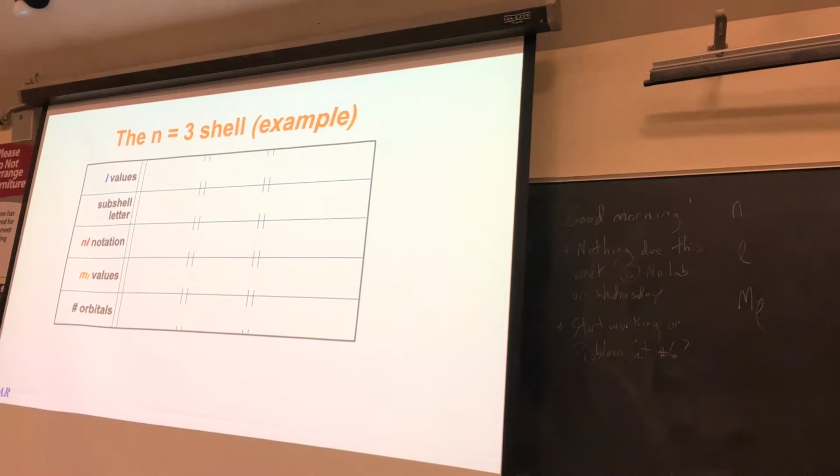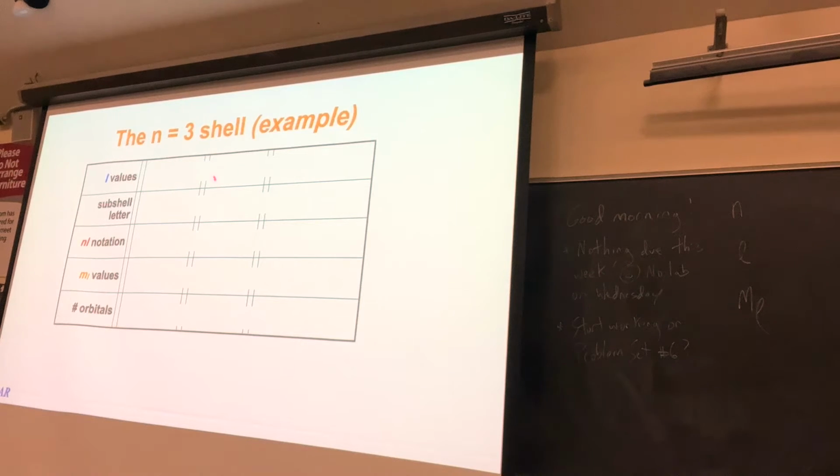Last Monday, I talked about how the n values are kind of like a street, the l values are kind of like houses, and m sub l down here are like the number of rooms in the house. I'll try to do analogies with these. So with this n equals 3 quantum number, we're looking at the 3rd street.